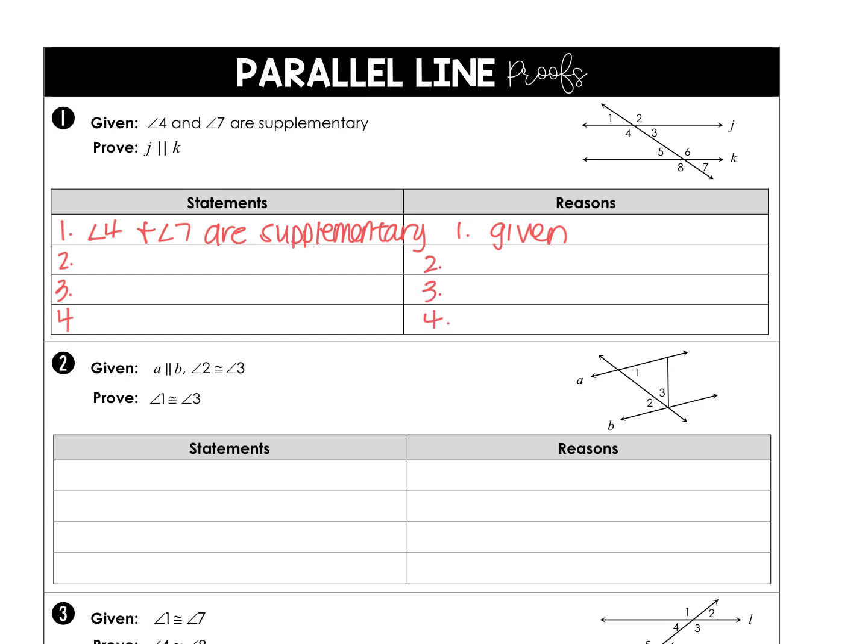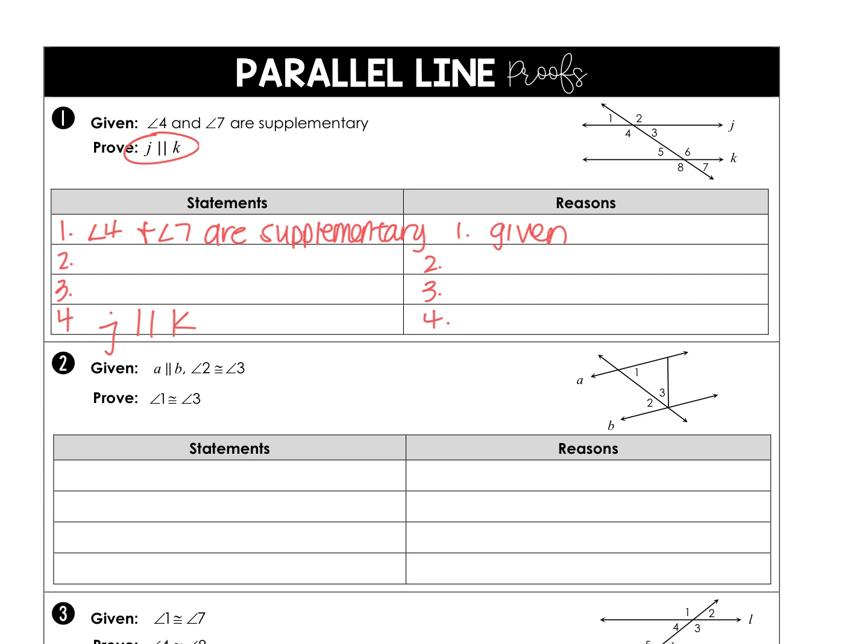What is always going to be my last statement? What I'm proving. So I'm proving that J is parallel to K. We can go ahead and write that. Okay? Always going to be your last row.